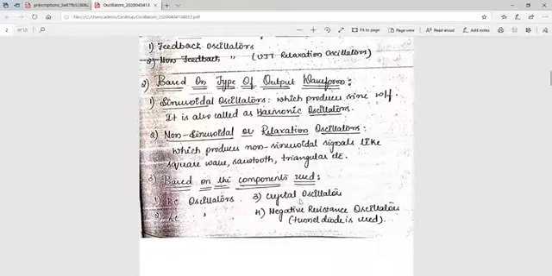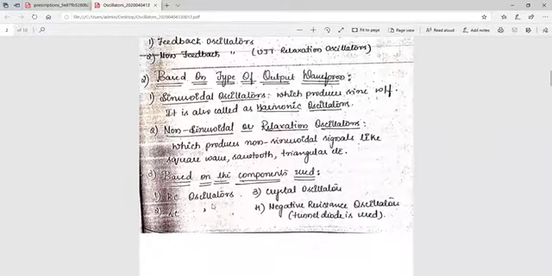In the crystal oscillator, a crystal is the component that is used. R and C components are used in the RC oscillator, and L and C are the components used in the LC oscillators. For your syllabus, you have the RC oscillators.